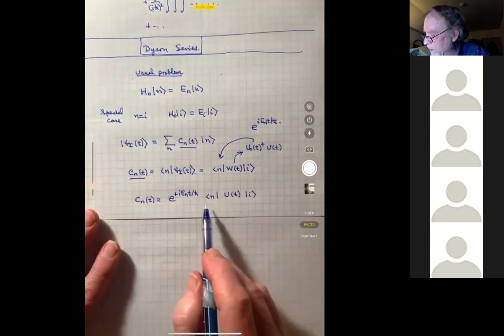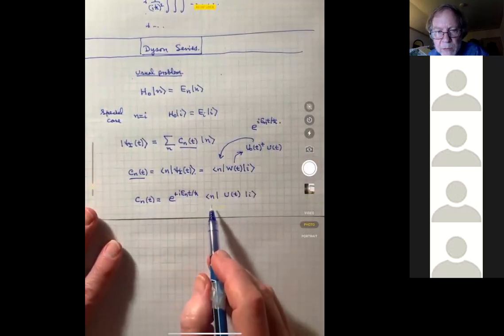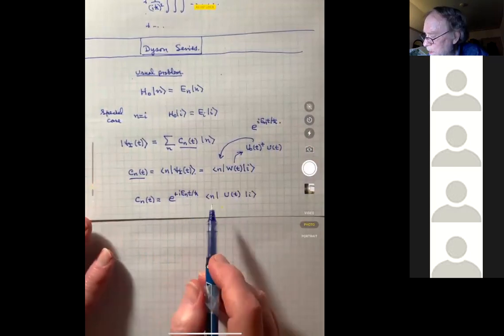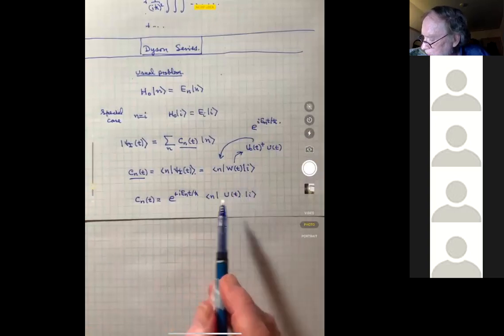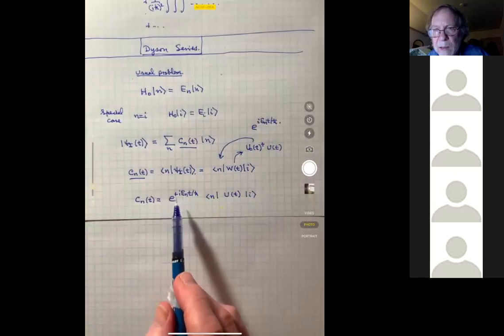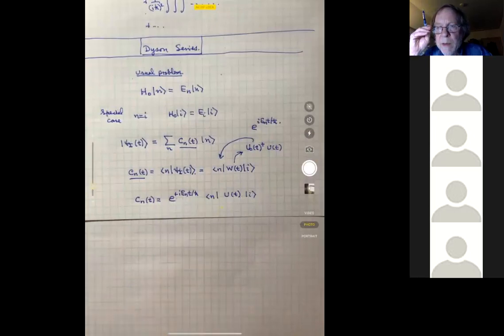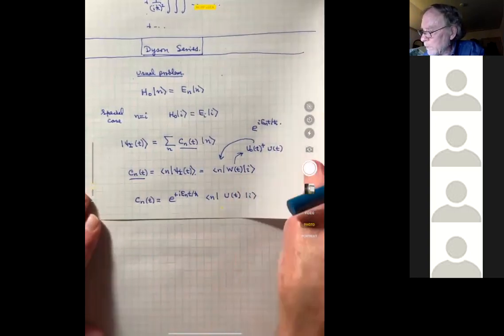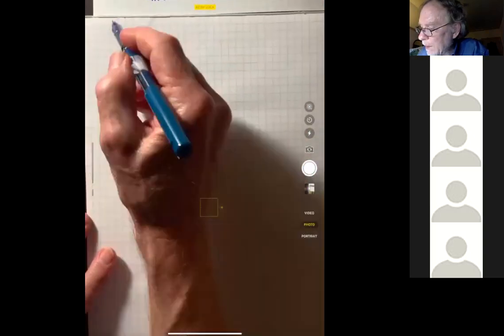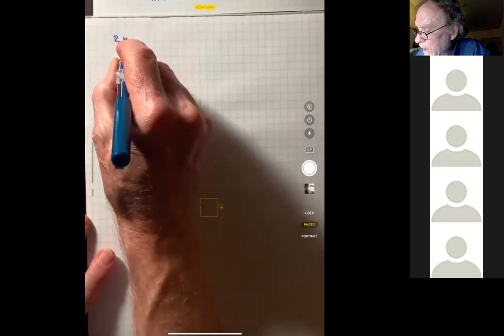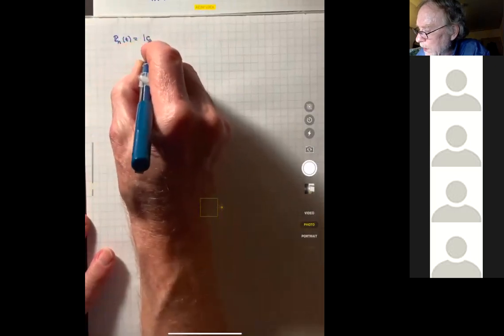This is what I originally spoke of at the beginning of this lecture as the transition amplitude. So the only difference in the transition amplitudes between the interaction picture and the Schrodinger picture is this time-dependent phase factor. That means in particular the transition probability, which is the square of the amplitude, is the same in both pictures. So the transition probability, which I'll denote p sub n of t, is equal to the absolute value of Cn of t squared.